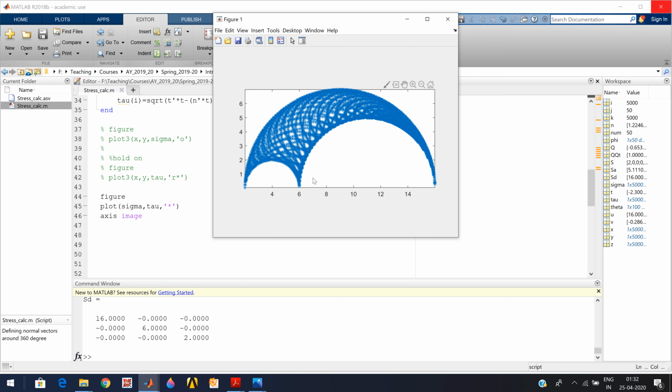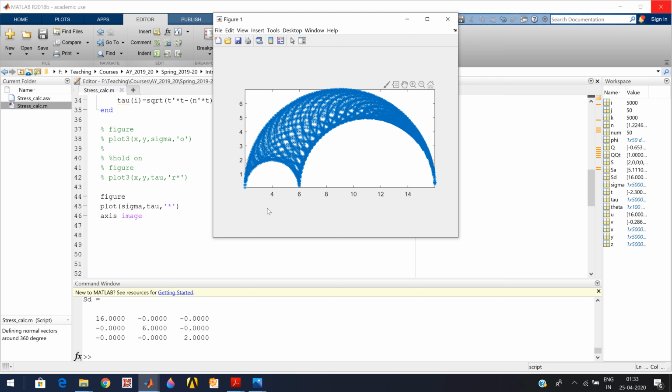For the 2-dimensional case, you know that the points of sigma and tau along different planes lie on the circumference of the circle, but here the normal stress and shear stress on different planes will be within these 3 circles, inside the bigger circle and outside the smaller circles.